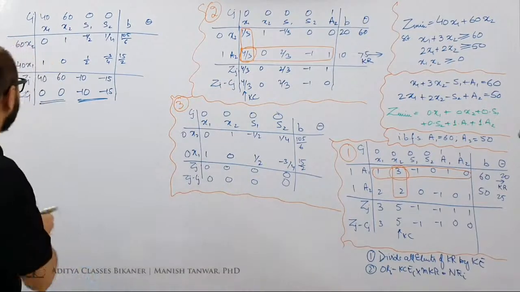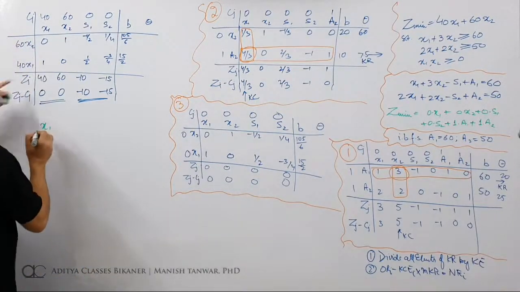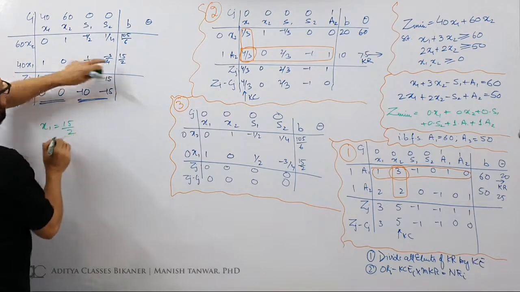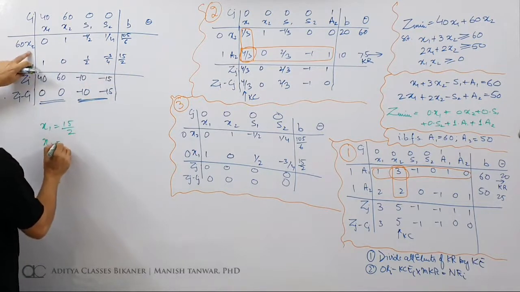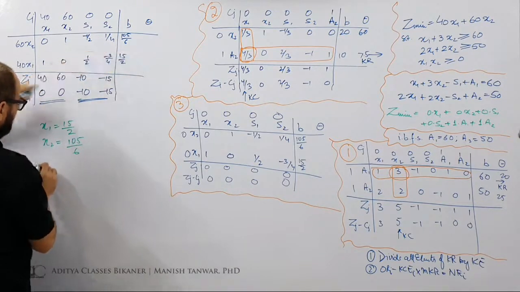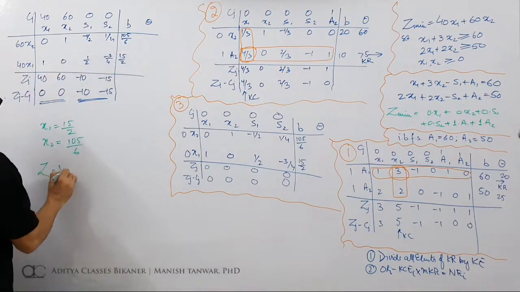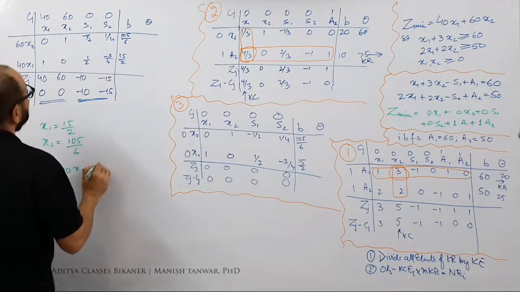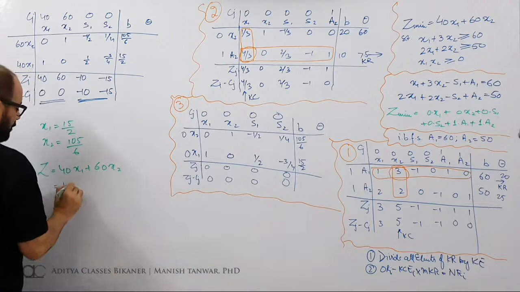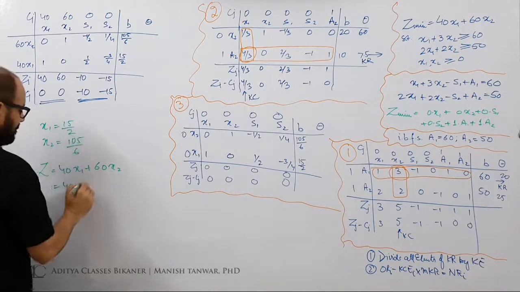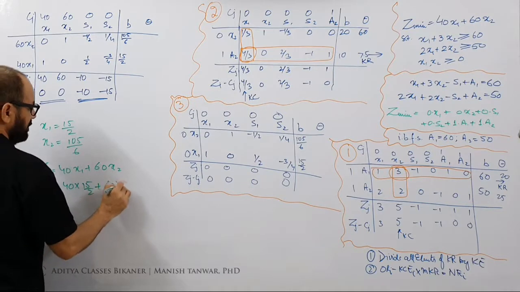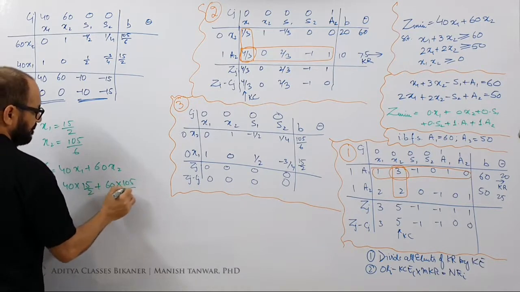What is my final solution? X1 is equal to 15 by 2. X2 is equal to 105 by 6, giving me a value of Z, 40 X1 plus 60 X2. 40 X1 is 15 by 2, 60 into 105 by 6.